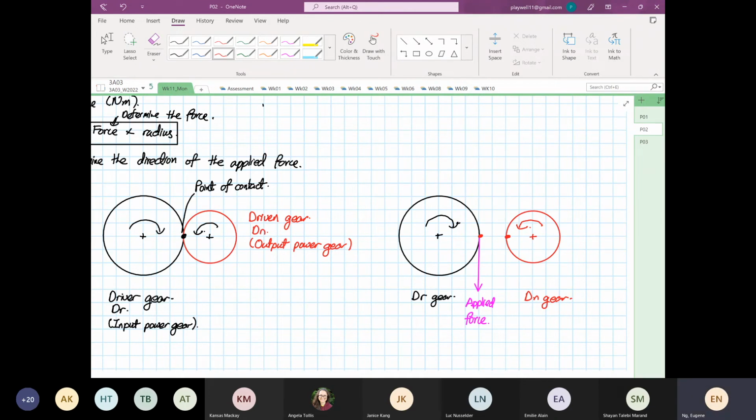How many of you say it's coming down? How many of you say it's going up? It's one or the other. I can tell you why I look at this as coming down. I'm not saying which is the right answer. Why is it coming down? Because it's following the rotation of the gear. Why is it going up? Newton's third law. Action equals reaction, same in magnitude, different in direction.